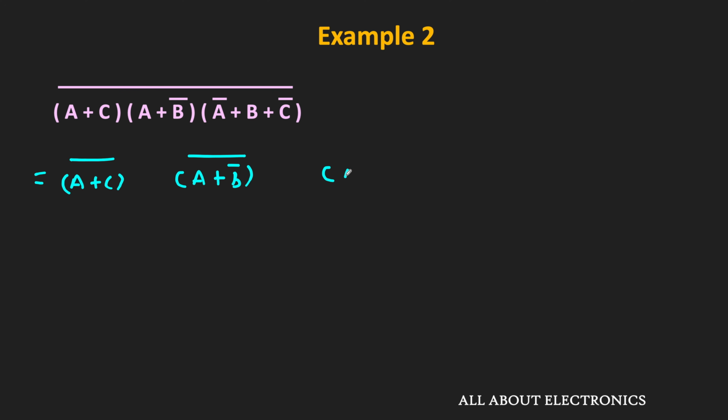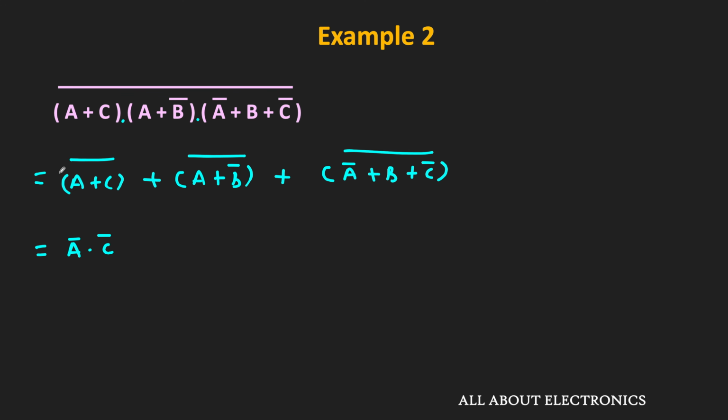Likewise, we will have this A bar plus B plus C bar whole bar. Moreover, these AND operations will get converted into the OR operations. Now once again, let us break this bar and give it to the individual variable. So we can write this A plus C whole bar as A bar dot C bar.